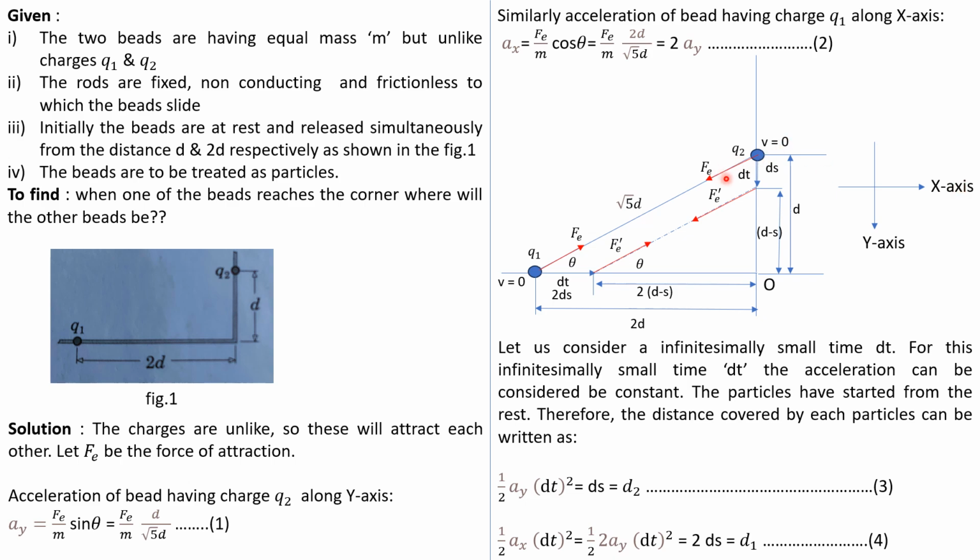So it will have a component of force in the y direction, due to which this particle will have an acceleration in the y direction, which we have denoted by a subscript y. And what will be that acceleration? The component of force in the y direction, that is F subscript E sine theta, divided by its mass.